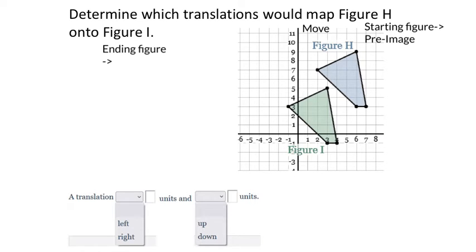That indicates that we are looking at the image. So I'll say, look at figure H, this is our preimage, and then figure I is our image. It's what happens after we've done something to the preimage.